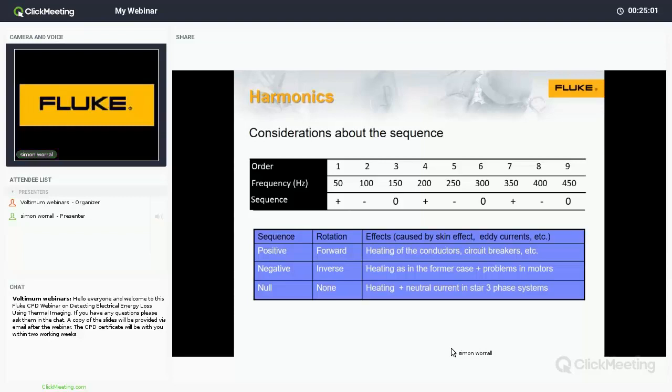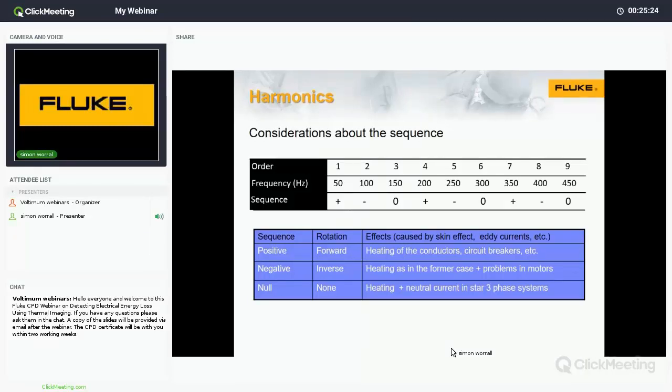For negative sequence harmonics, we have the inverse rotation. So these will try and drive the motor in reverse. So we have the same heating because we've got current flow in the cables and the connectors, but we will also see problems in motors because any negative sequence harmonics will be trying to drive the motor backwards.